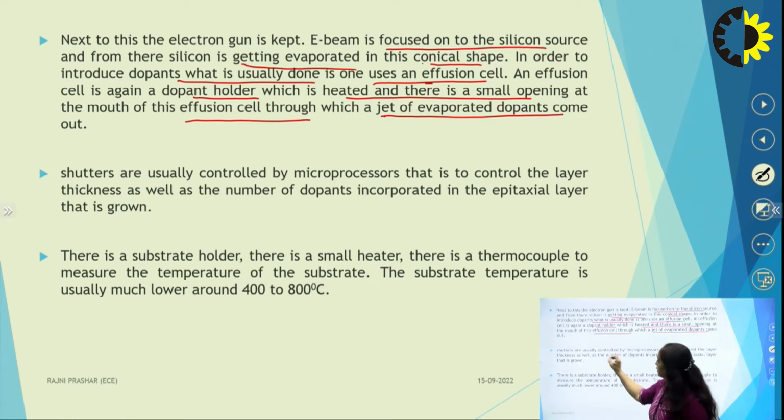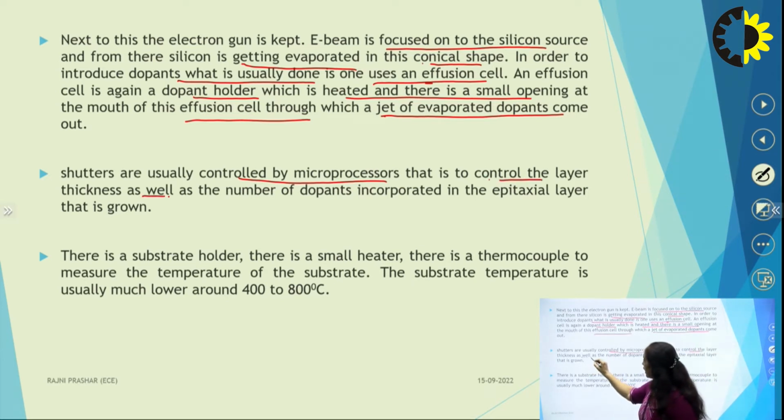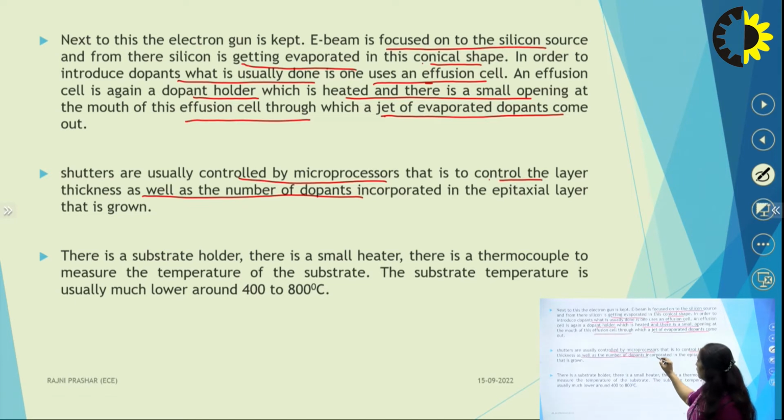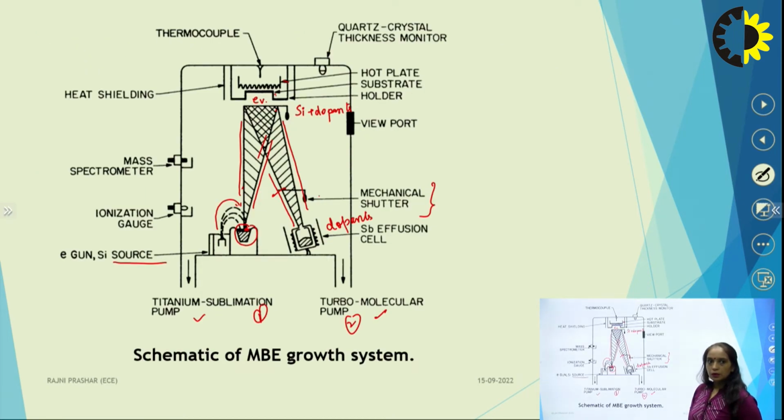Some shutters are usually controlled by a microprocessor, which, as I have already told, is used to control the layer thickness as well as the amount of dopants incorporated in the epitaxial layer growth. So at this point we have covered the silicon source, the electron gun, and on this side the effusion cell which contains the dopants, and the mechanical shutter.